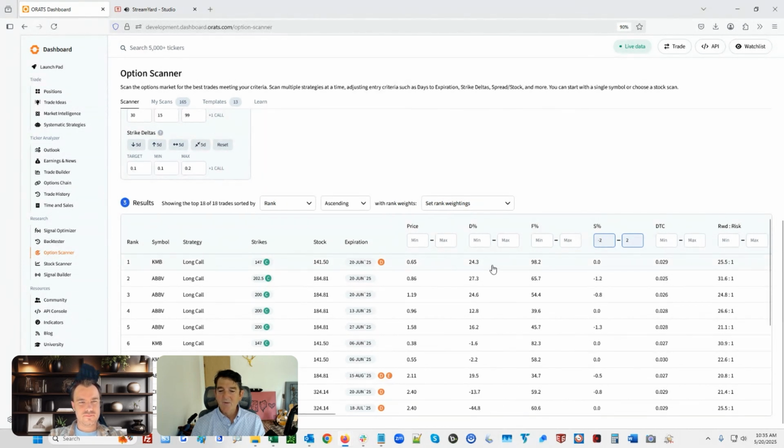But what we're saying is you want to get as many things in your favor as possible. And the way to do that is to start with the biggest pie you can. ORATS allows that by having a stock scanner that helps you narrow down the symbols, find the symbols that meet your criteria that you think could move, and then start looking at theoretical values.